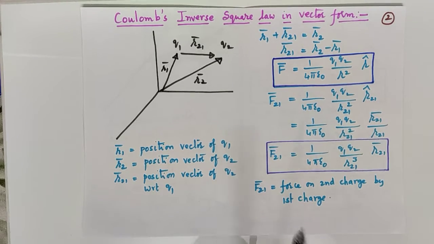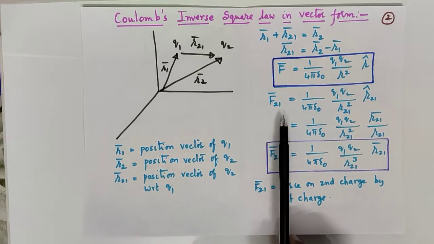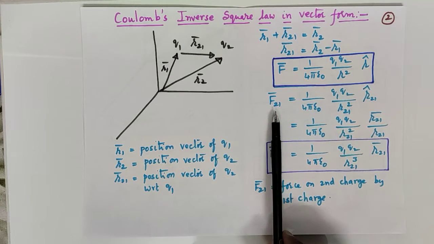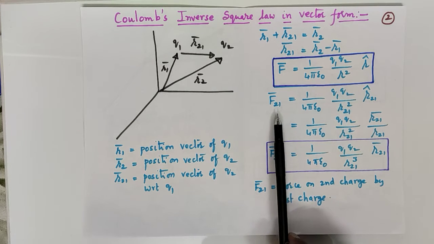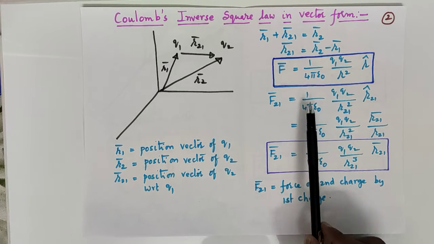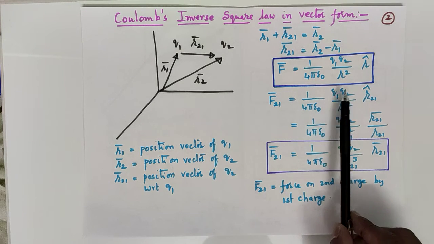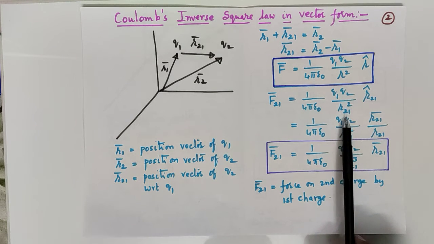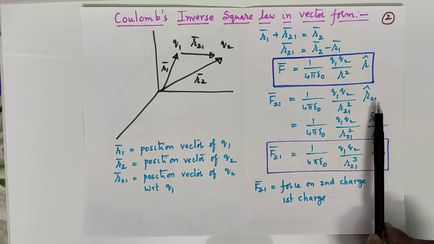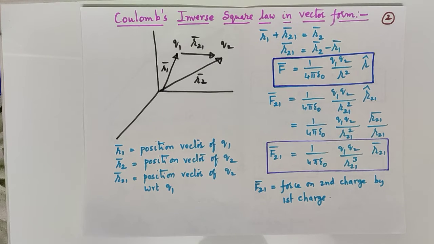So, let us write now F21 bar. What is this F21 bar? Force acting on second charge by first charge. That is equal to 1 by 4 pi epsilon naught q1 q2 divided by r21 square into r21 cap. We know r21 cap is a unit vector. How to write the unit vector?